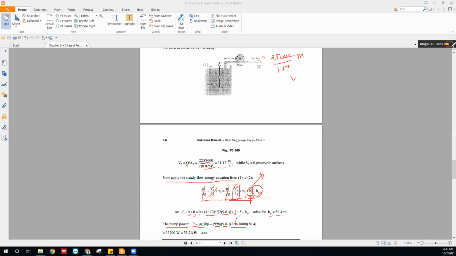Basically, we converted this meter cube per hour to meter cube per second, and H equals 56.4. Now, if we calculate this, we should get 33,700 watt, and we divide it by 1,000 to get the unit in kilowatt, 33.7 kilowatt. So that's the answer for this question.